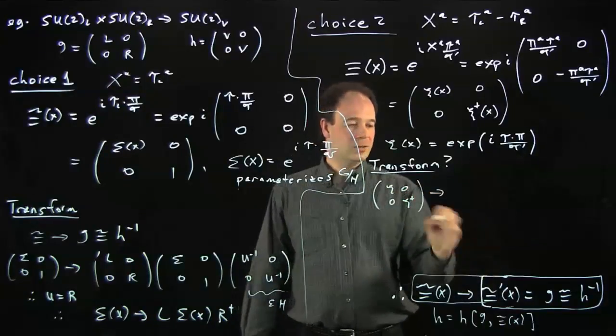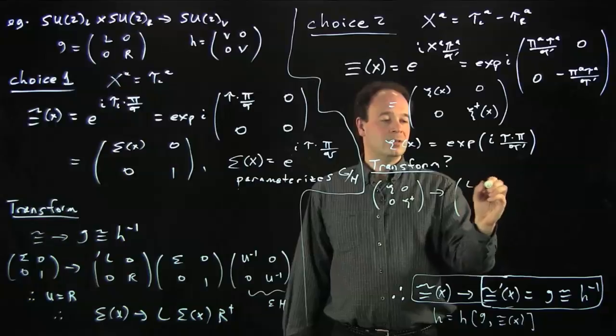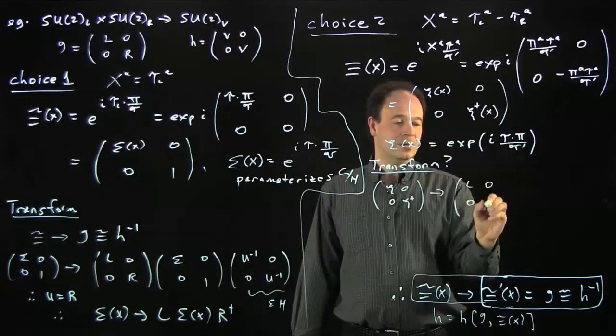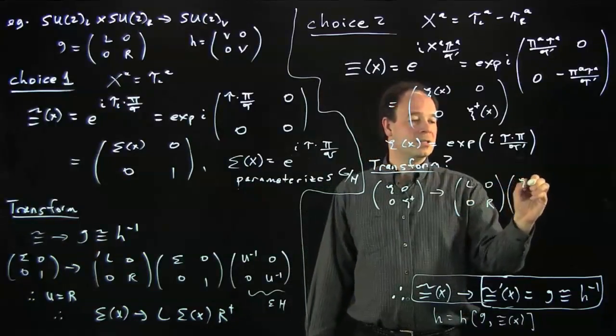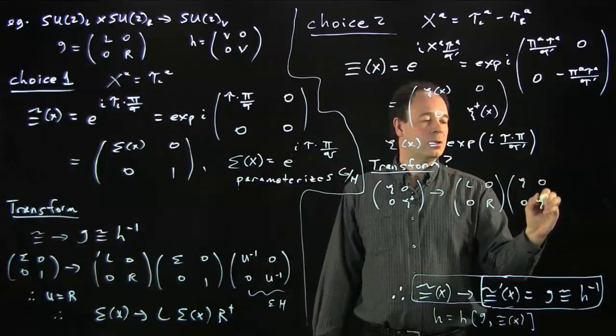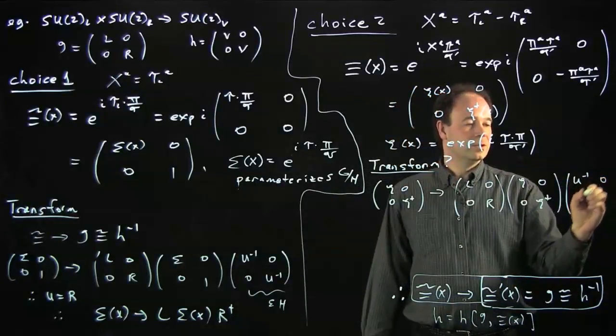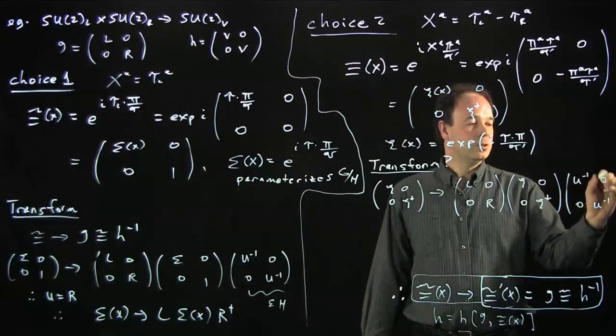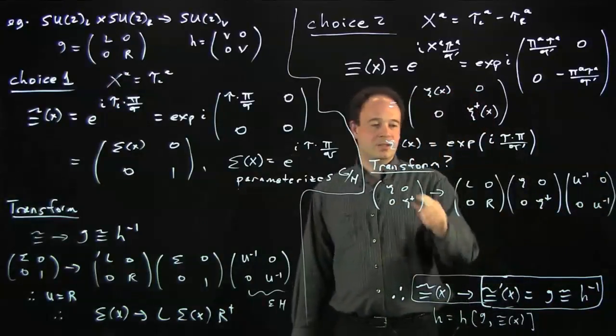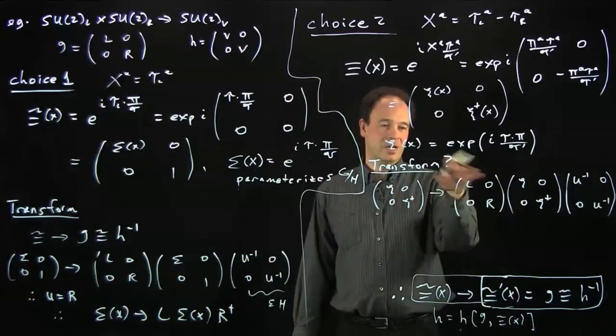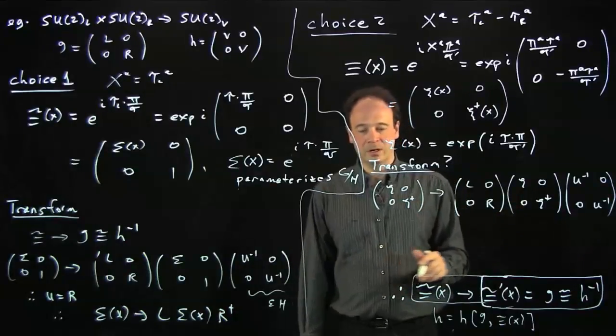And it's going to transform according to this. So again, we have L, 0, 0, R, cascade back, and then we have an H inverse, which again I'll write U inverse, 0, U inverse. And so again, we have two rules coming from this, the upper left corner and the bottom right corner.